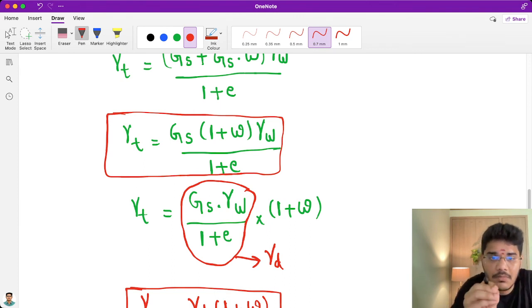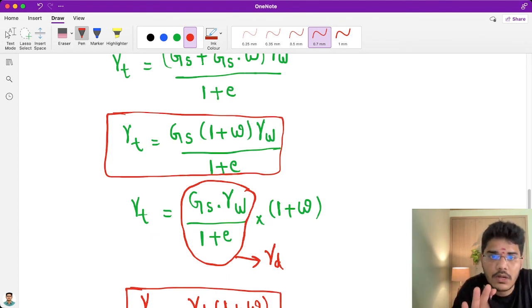If some unknown parameter is asked, by using this three-phase diagram and these soil water relationships only, we can find whatever is asked in the problem. So we just need to know what is asked in the problem and how we can relate these soil water relationships according to that particular problem.